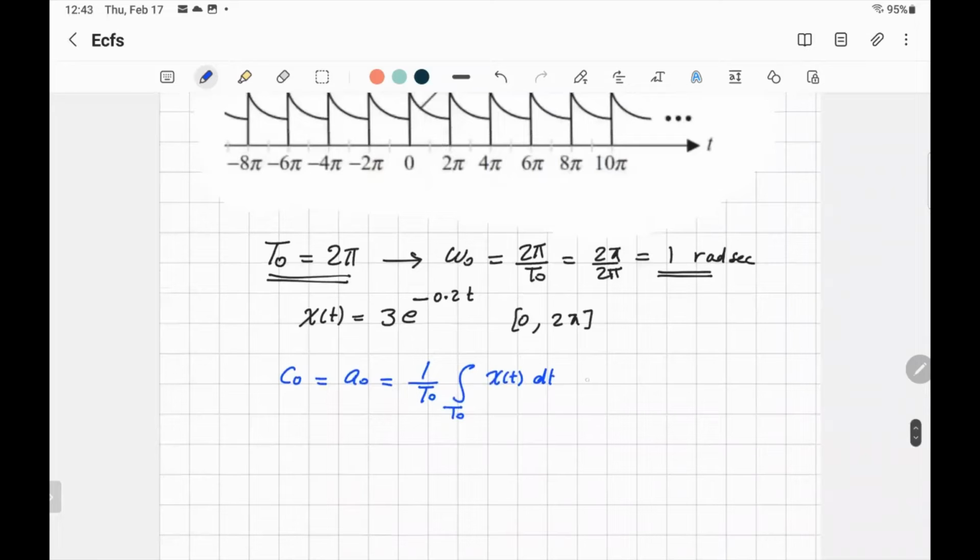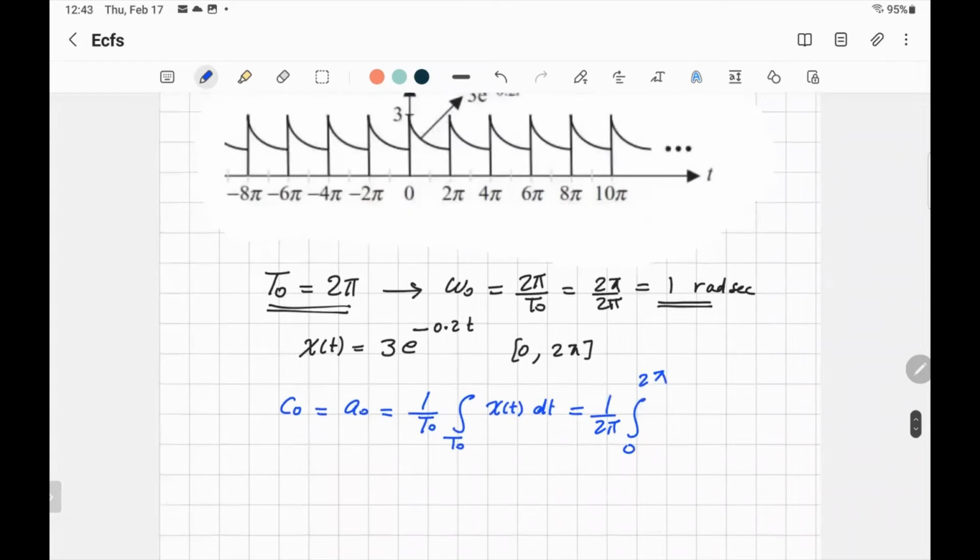In this case, it's 1 over 2 pi, and I'm integrating from 0 to 2 pi. It's only one interval, and the function x of t is given here, equal to 3 e to the minus 0.2 t dt. So I will have 1 over 2 pi, and 3 is a constant.